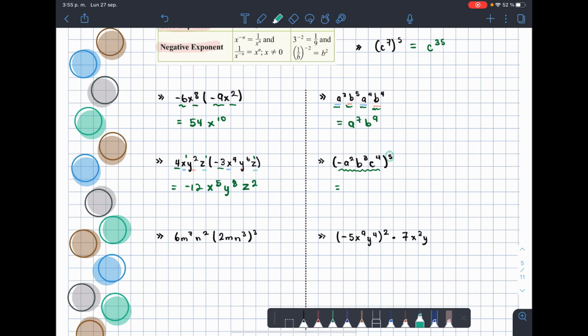The power of 5 applies to the a squared, to the b to the power of 3, and to the b to the power of 4, and also to the negative. So at the end, what we get is negative a to the power of 10, b to the power of 15, and c to the power of 20. Because remember that since we are applying the power property, we multiply the exponents. 2 times 5, 3 times 5, and 4 times 5.